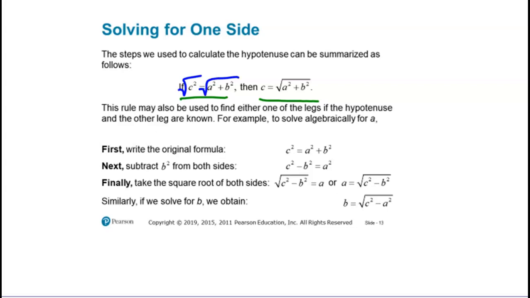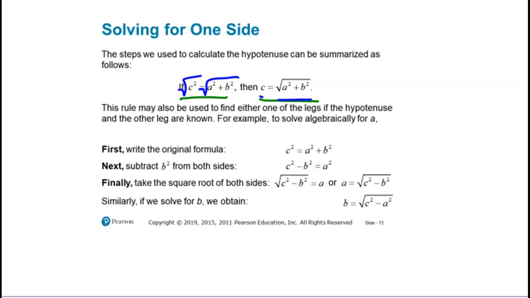What you do to one side of the equal sign, you have to do to the other. And c is the result of c squared, and you have to leave a squared plus b squared underneath the square root sign, since you can't get a perfect square from that.